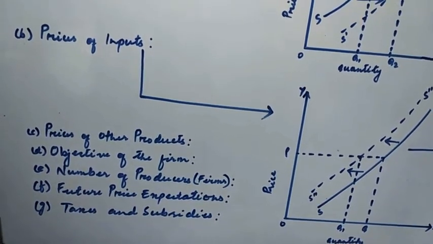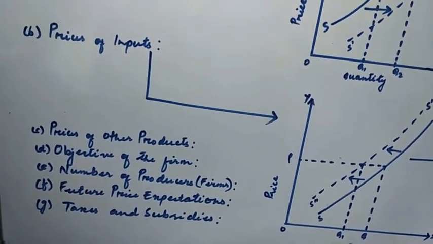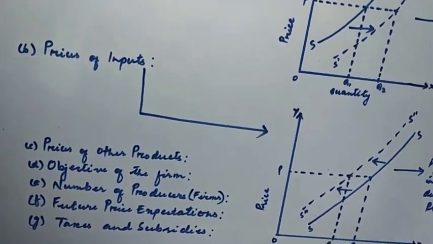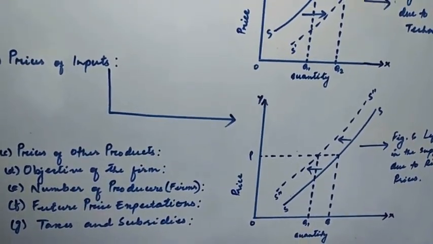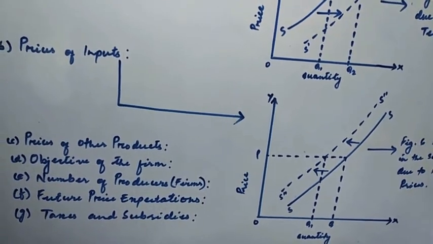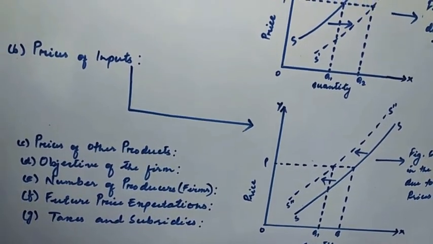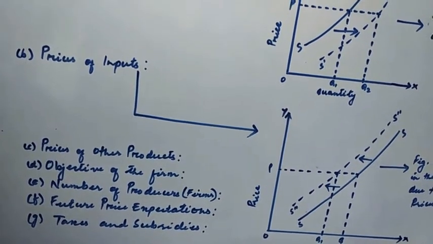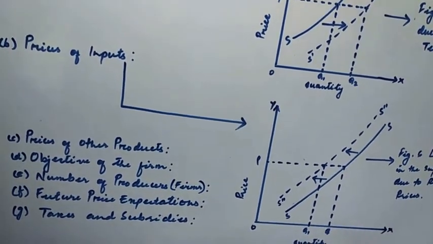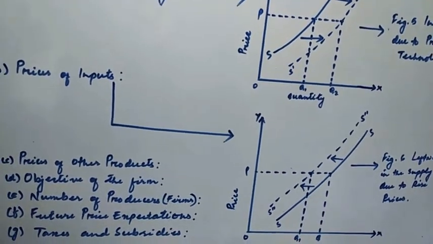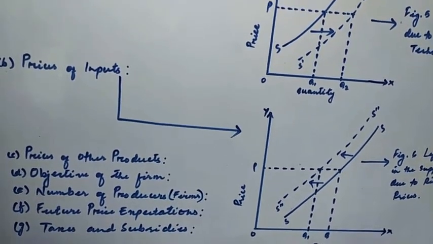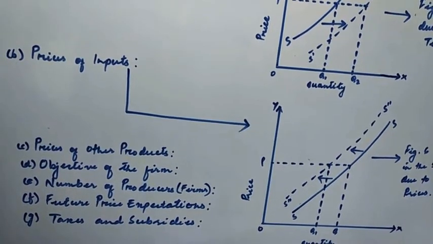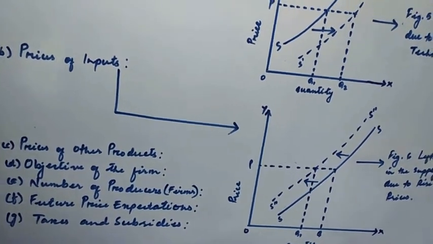So the firm will supply the same amount or even less of it, which would mean the supply will be less. They will not increase their supply. At the maximum they will supply the same amount, or sometimes they will supply less quantity at the same price when there is sales tax or excise duty imposed on the product.